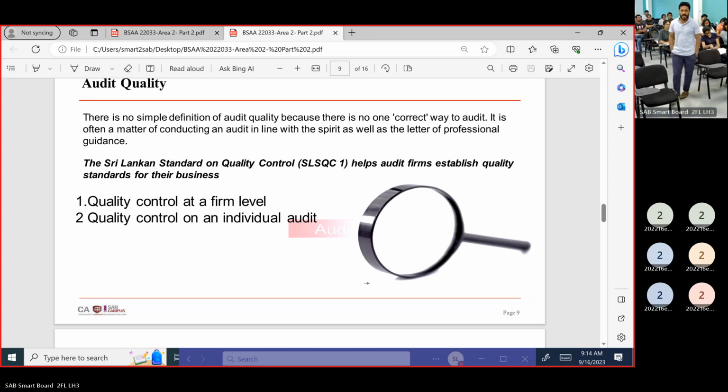Firm level. So what should we do to enhance firm level audit quality? Basically the systems, IT aspects, trainings, professional culture, reporting formats. A key aspect is a proper independence evaluation.